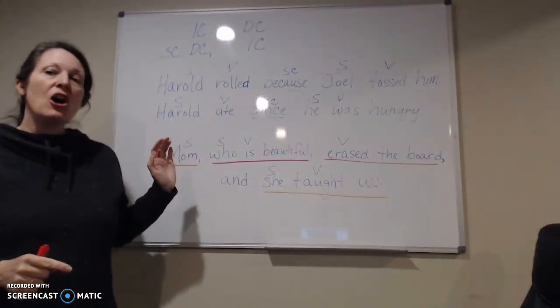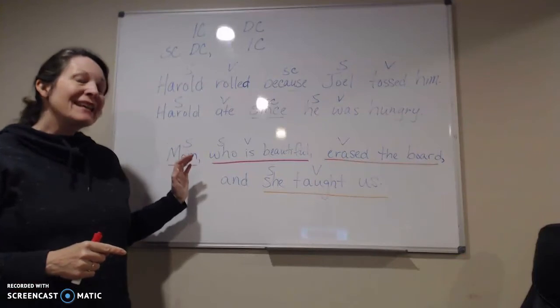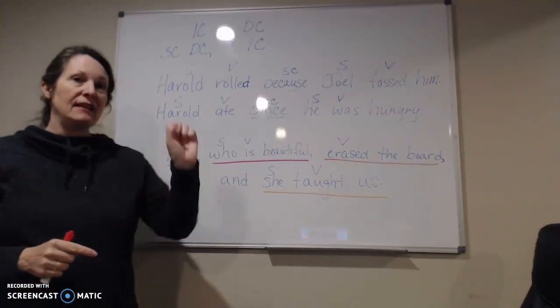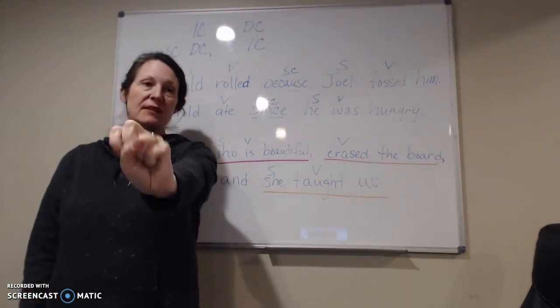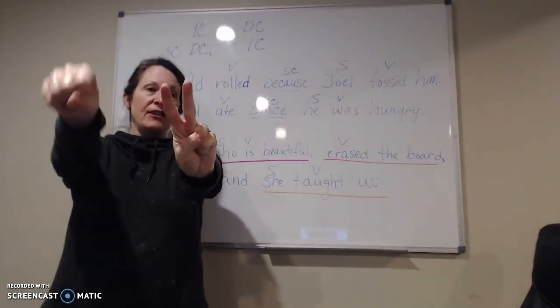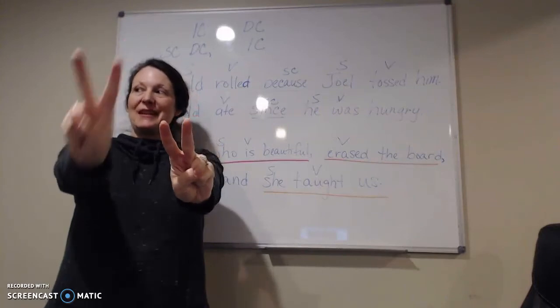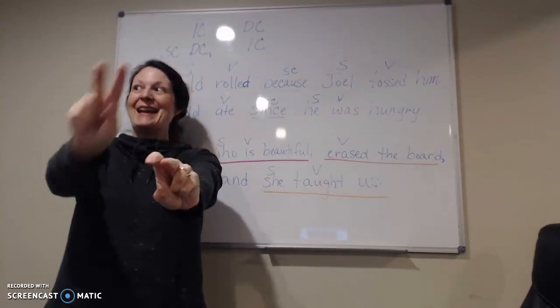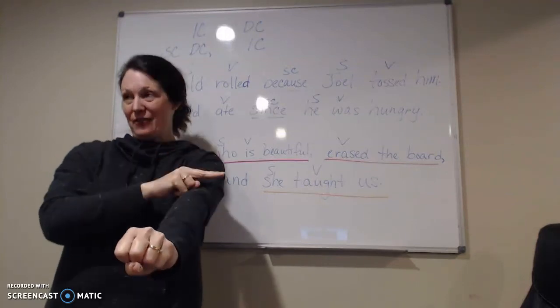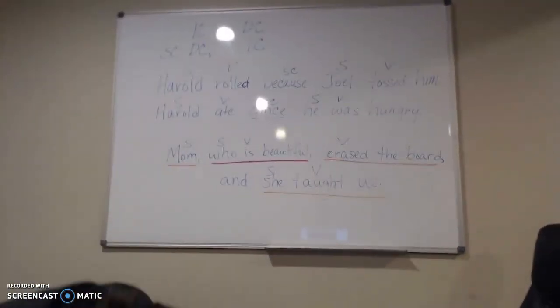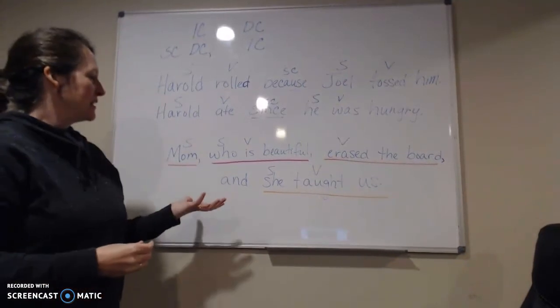This is now a compound complex sentence because it contains, do this with me, one independent clause with a subject and a verb, and another independent clause with a subject and a verb, and at least one dependent clause with a subject and a verb, joined by a subordinating conjunction or a relative pronoun.